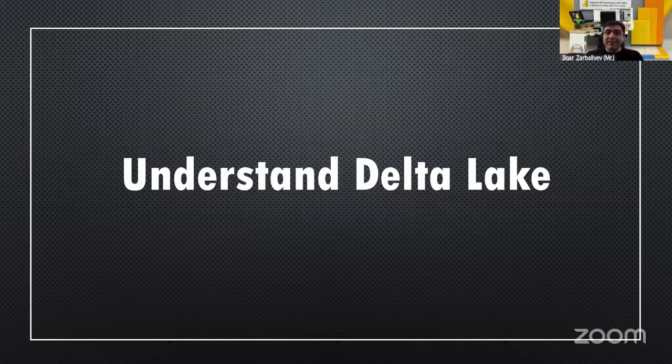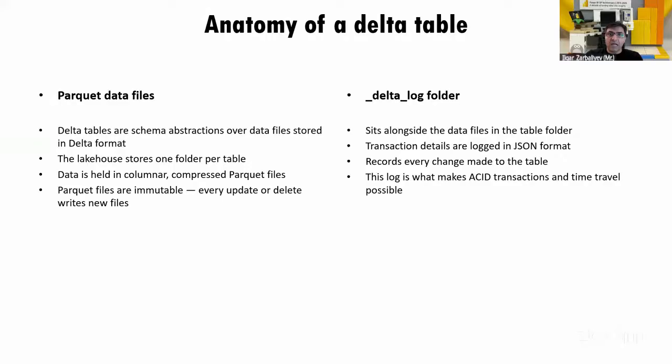Let's start by getting underneath the surface: what a Delta table actually is on disk, and what the structure buys us. So, what is a Delta table? Physically, Delta tables are schema abstractions over data files that are stored in Delta format.